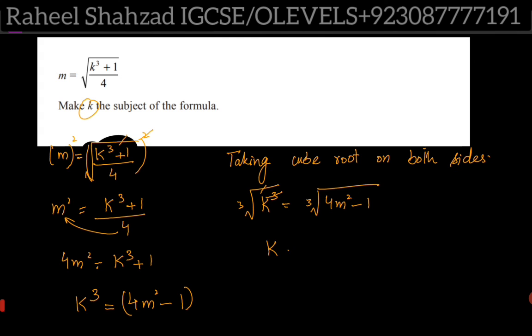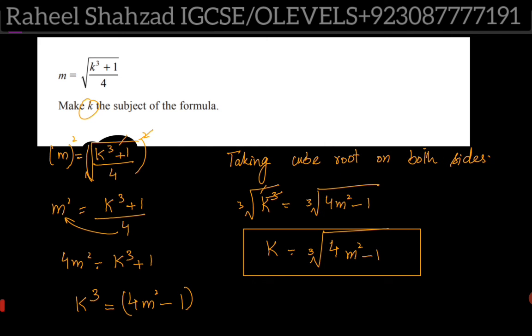It will be cancelled out, so k is equal to the cube root of 4m square minus 1. So this is the subject k. We have rearranged it for k, and made k the subject of the formula.